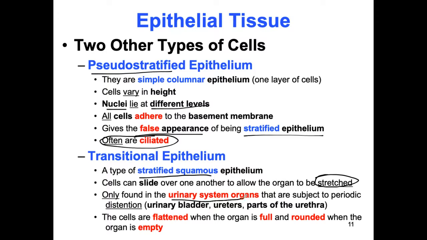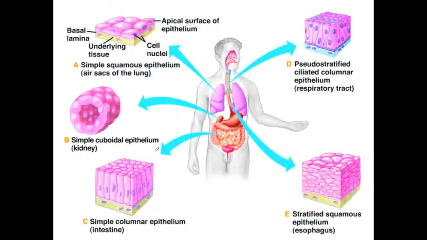We'll find it especially in the urinary system, such as the urinary bladder, the ureters, and the urethra. So they could be flat when the organ is full, and rounded when the organ is empty. Just like a balloon. If you draw a square when it's empty, it's a square, and then when you inflate it, it alters its shape. So let's take a look at this picture, just see where we find some of these cells.